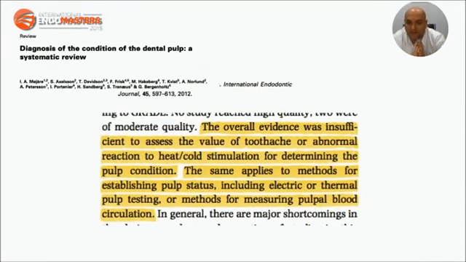On one hand, clinical methods for establishing pulpal status like vitality testing or measuring pulpal blood flow were found insufficient and of little value in this systematic review of the literature.